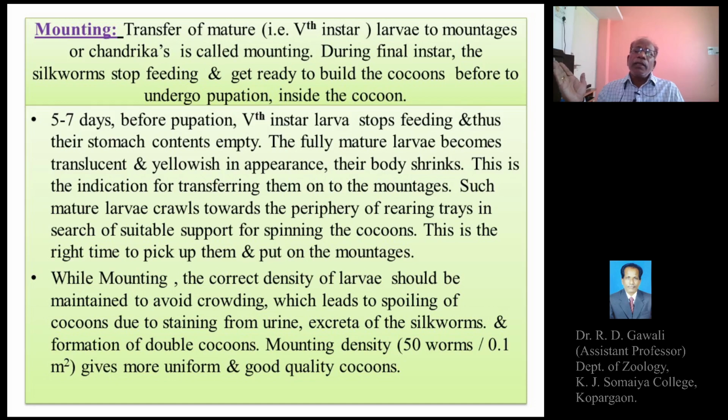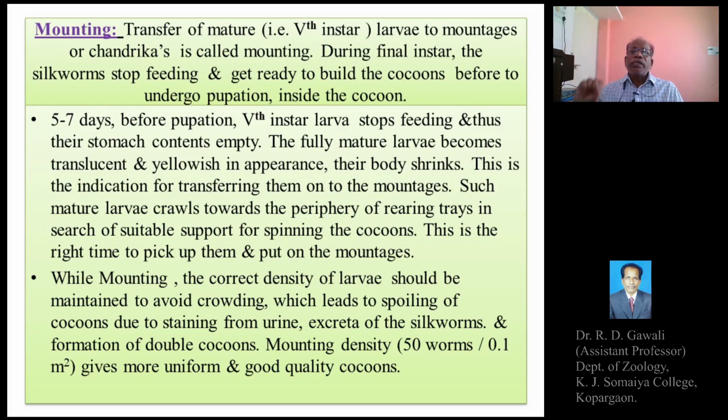Five to seven days before pupation, the fifth instar larva stops its feeding, and thus its stomach becomes empty. Then the mature larva becomes translucent or transparent and yellowish in appearance.